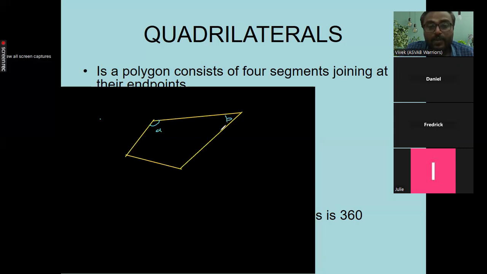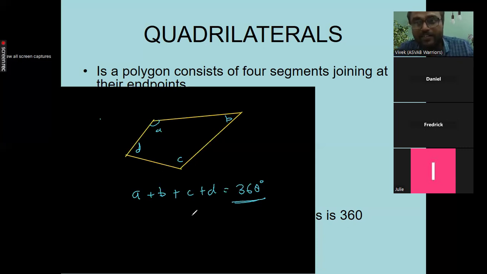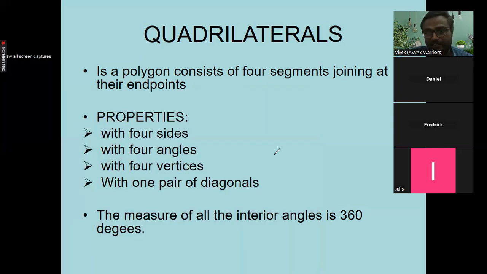Angles A, B, C, D. So A plus B plus C plus D will always be equal to 360 degrees. The sum of interior angles of any quadrilateral is always 360 degrees. Any polygon having four sides will have its summation of interior angles equal to 360 degrees.